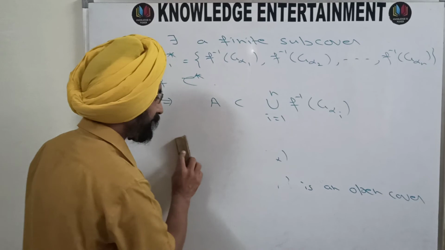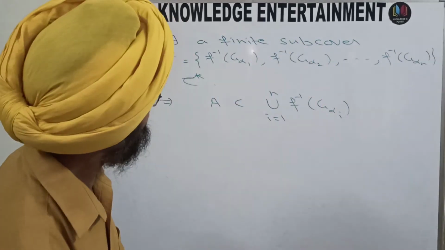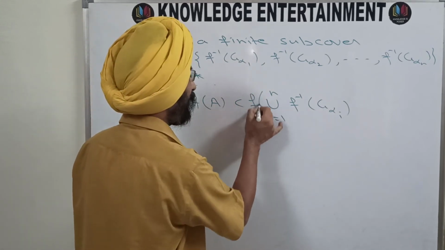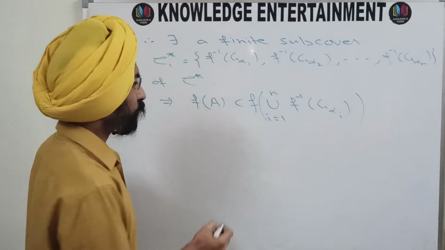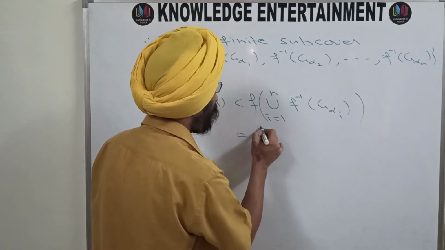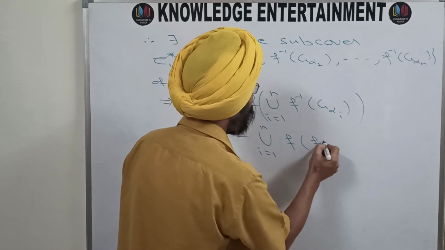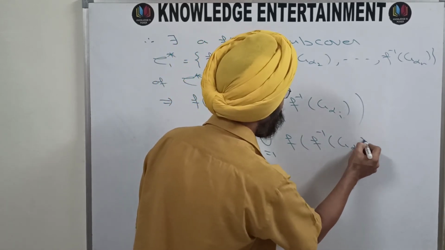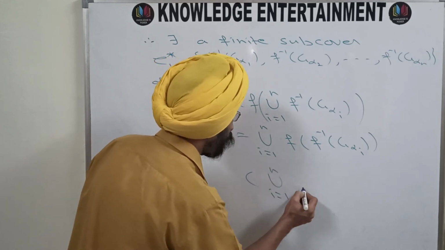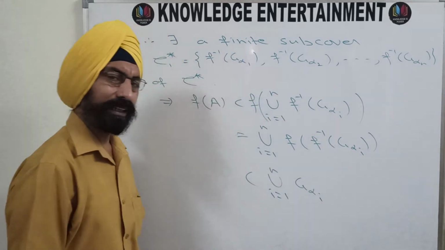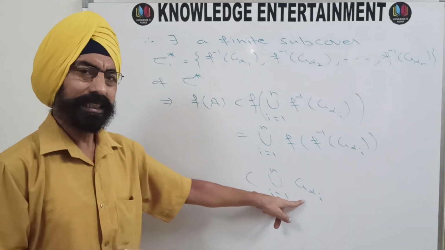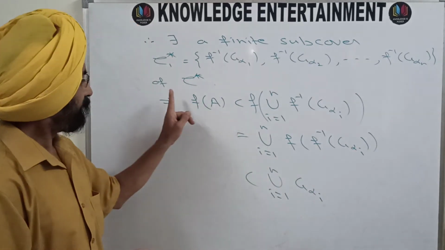Taking F on both sides, you can have F of A is a subset of F of this, or you can say union, i varying from 1 to n, F of F inverse G alpha i, or you can say subset of union, i varying from 1 to n, G alpha i. So that means these finite number of members of the collection C are covering FA.